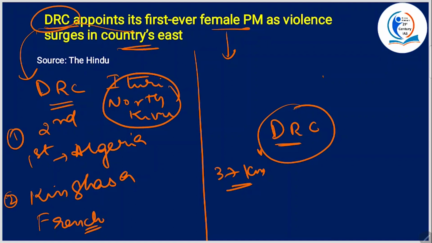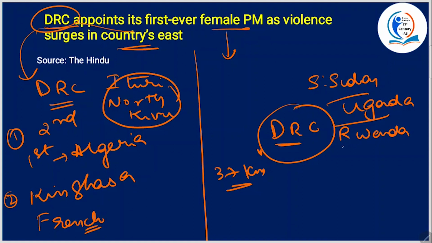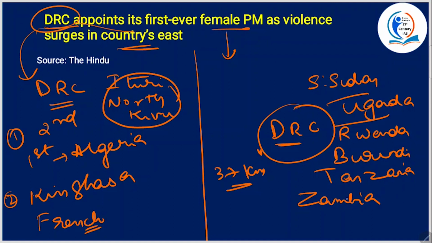All right. What are the countries surrounding DRC? South Sudan here. You have Uganda, Rwanda, Burundi, Tanzania, Zambia, Angola.